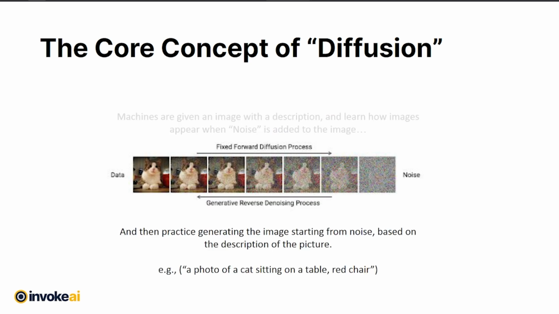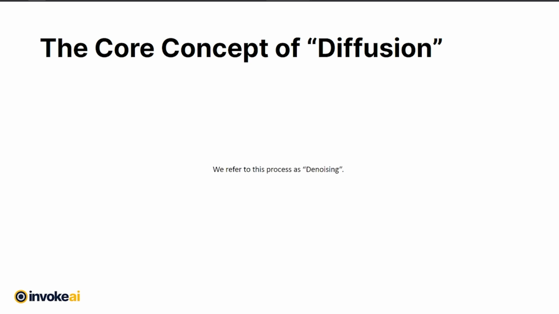And then the machines practice generating that image, starting from the noise and working backwards, trying to get as close to the original image as possible. By doing this over and over again, machines get really, really good at generating images from noise using a text description. And we refer to this process as denoising, taking a noise input and turning it into an image.